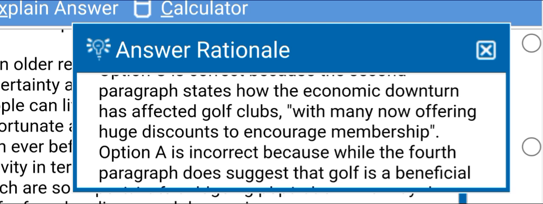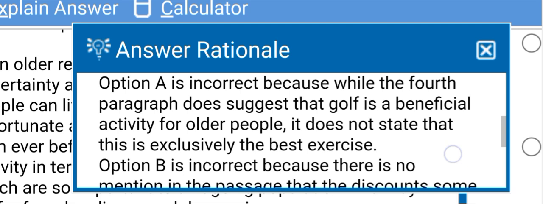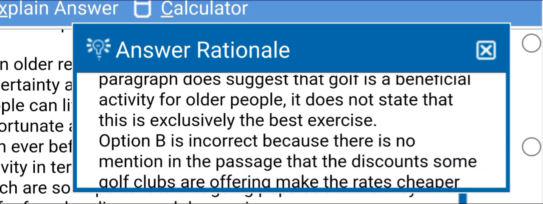Option A is incorrect because while the fourth paragraph does suggest that golf is a beneficial activity for older people, it does not state that this is exclusively the best exercise.